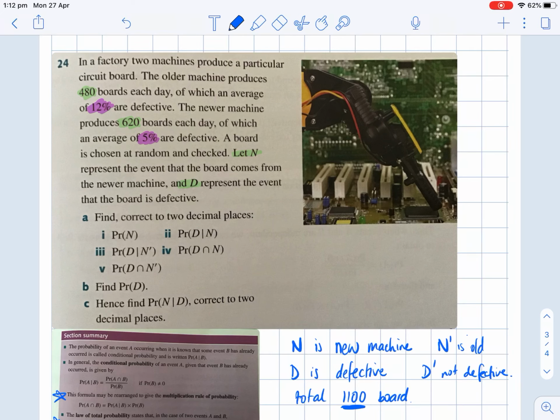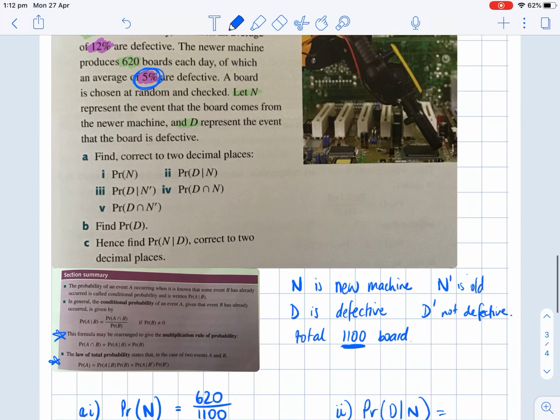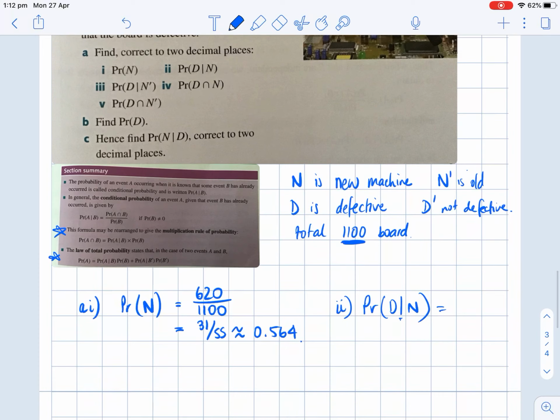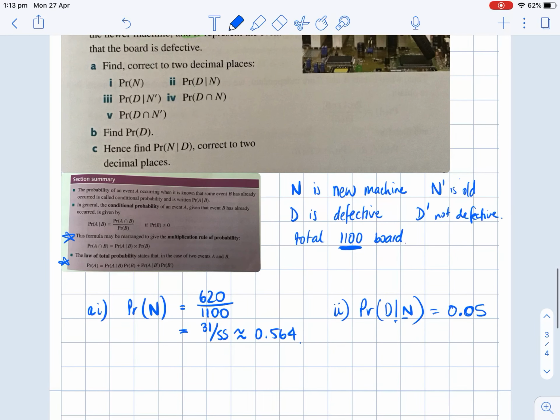We know that 5% of the new machine boards are defective. So given that it's from the new machine, 5% or 0.05 are defective. That's where our understanding of what's taking place in the question can be much more useful than having to work through all of the formulas.